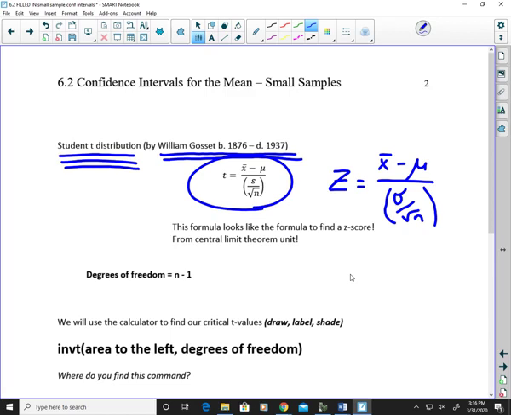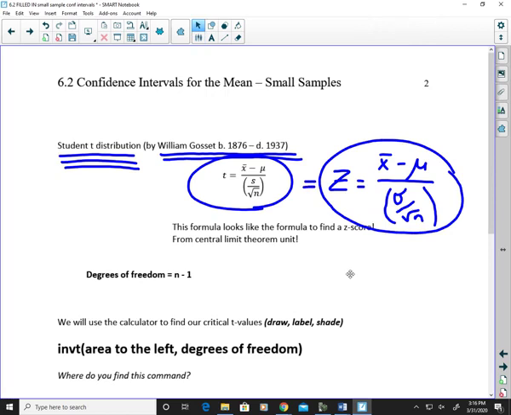We need to correct that. So if you look, this formula is actually pretty much the same as the T formula. The difference is that one of them is using known standard deviation and the other one isn't. And these are not really equal to each other, but they're similar to each other.